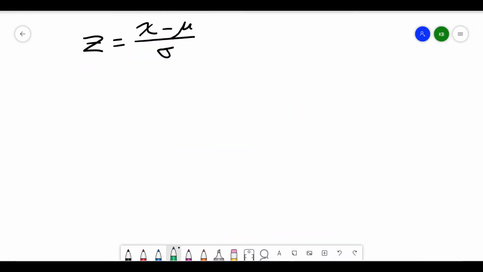Now there may be times when I want to know the value of my random variable x, when I know the mean of x and the standard deviation of x. And I want to know what value of x gives me a certain probability of my random variable being less than that value.